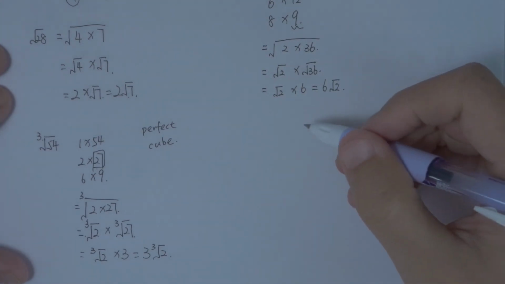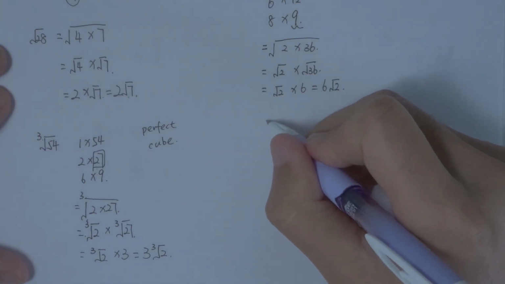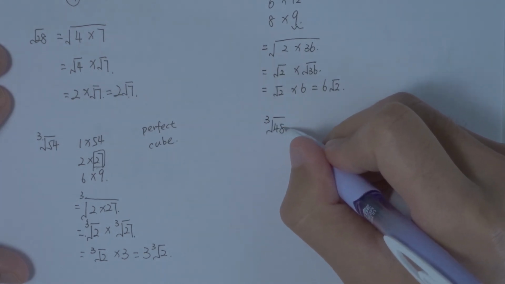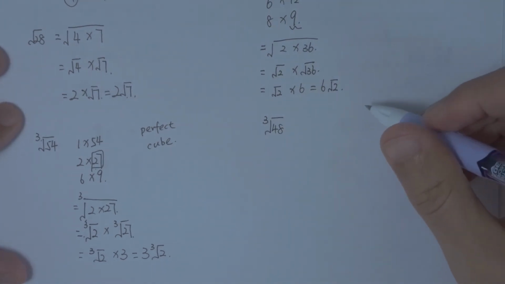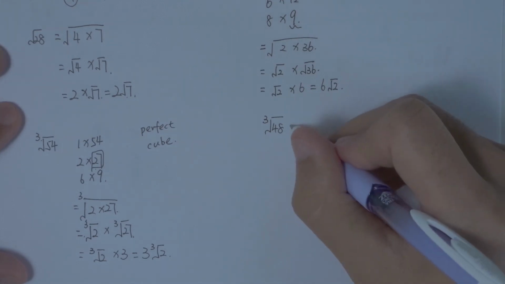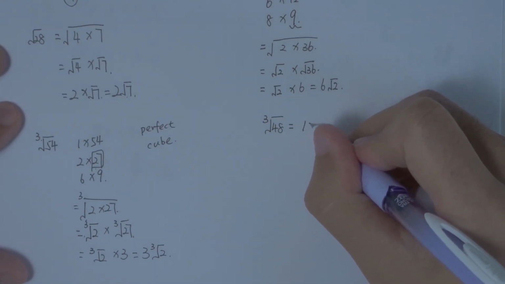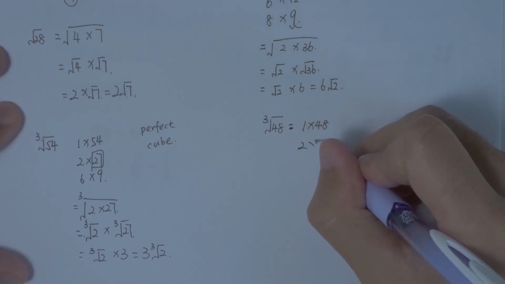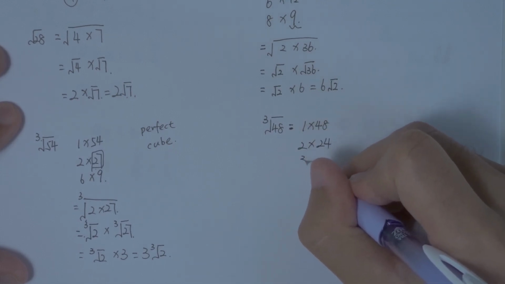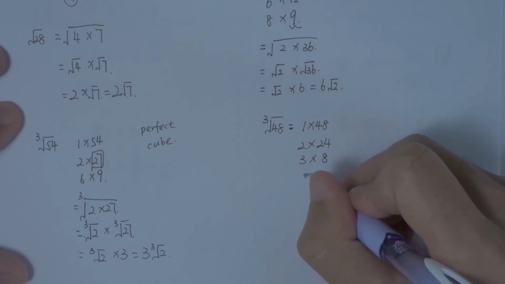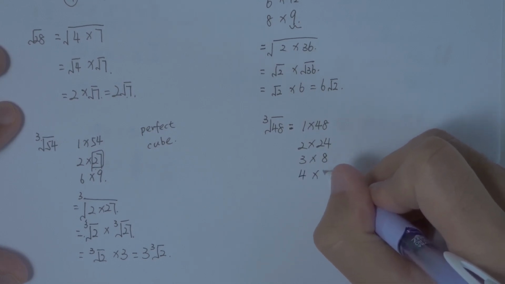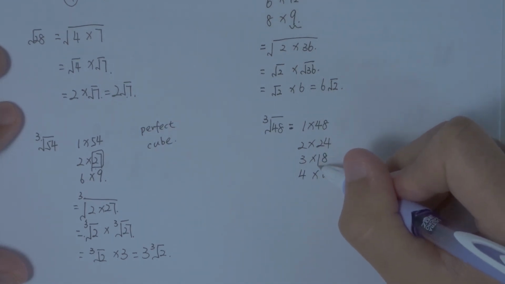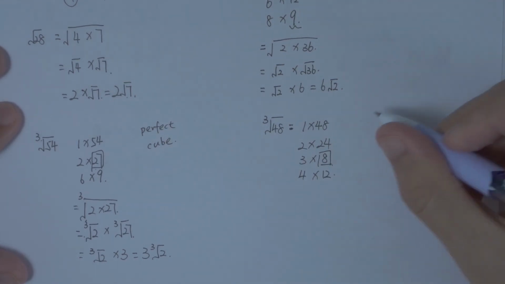Okay, let's try another example, cube root 48. The same thing: we need to find the factors. 1 times 48, 2 times 24, 3 times 16, and 4 times 12. Then we need to find the perfect cube, and we only have 8.